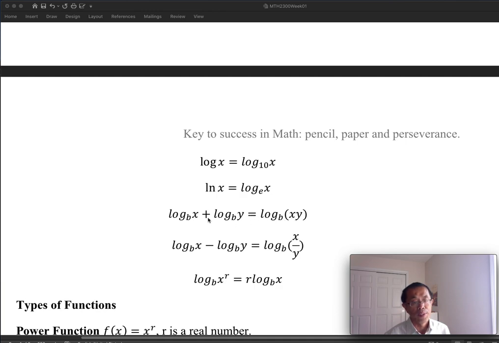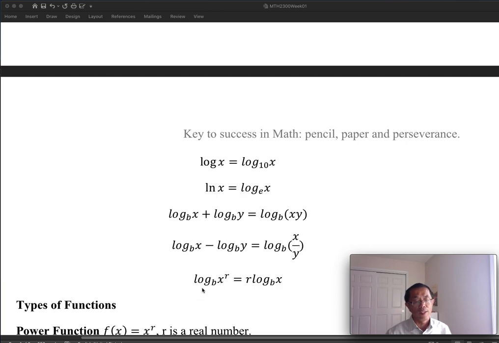Put into words, when you're adding two logarithms with the same base, they can be converted into a single logarithm by multiplying x and y together. When you subtract two logarithms, you can also combine them into a single logarithm, x over y.